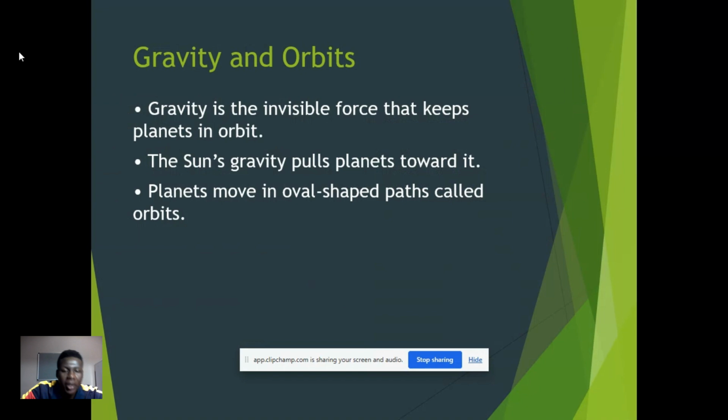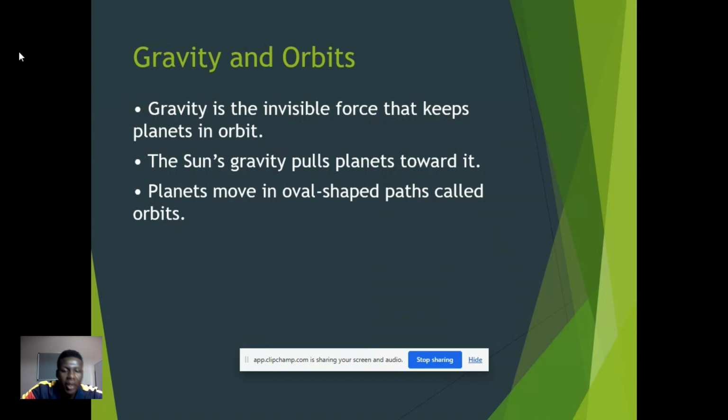The planets move in an oval-shaped path called the orbit. They are busy orbiting around the sun due to its gravitational pull.